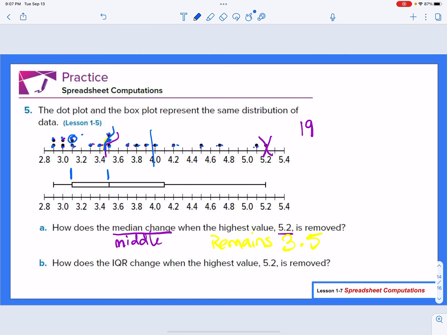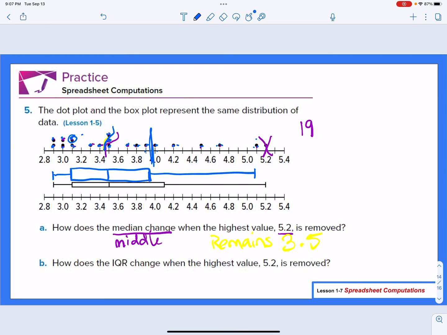And then 1, 2, 3, 4, 5. So my median here of that quartile is at 3.95. Notice it's between the 9 and the 4. So 3.95 is actually here for my quartile range. The low is still at 2.9, and then this one's at 5.1.